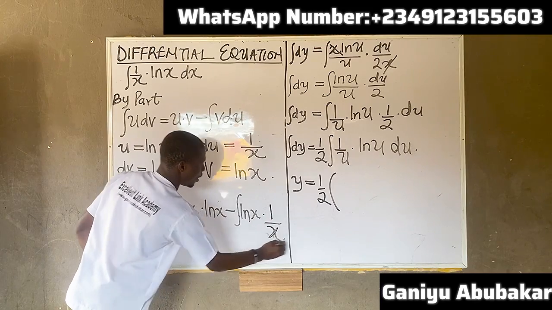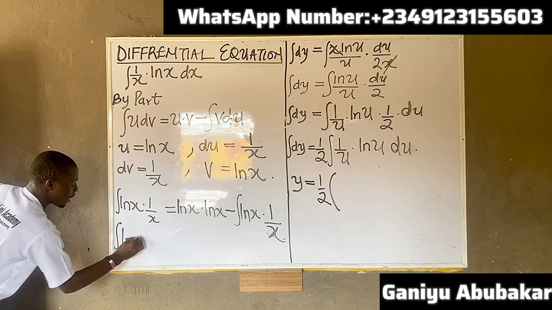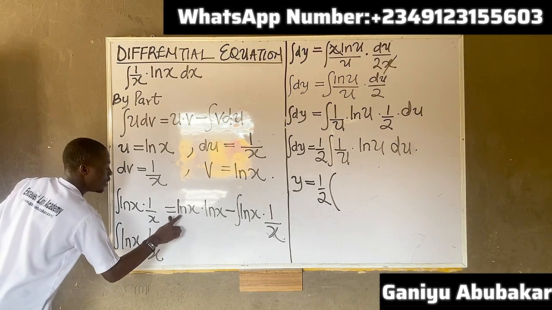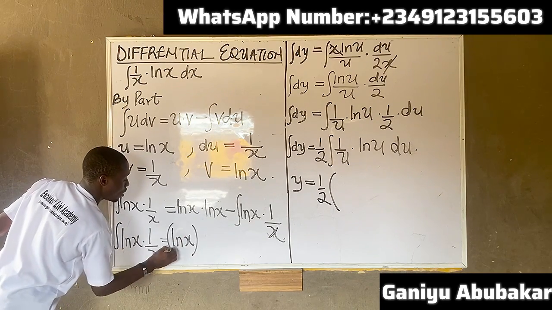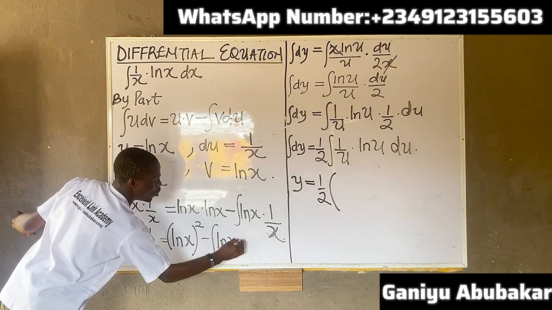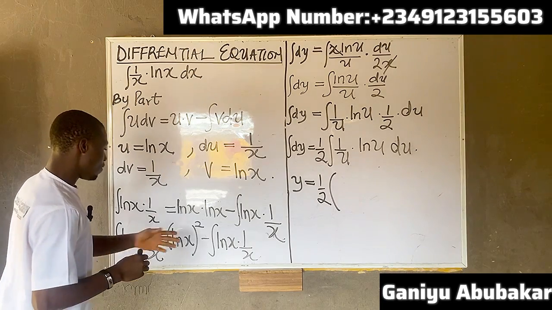So ln x times ln x gives you ln x all squared, minus the integral of ln x dot 1 over x. Right? I have this place.